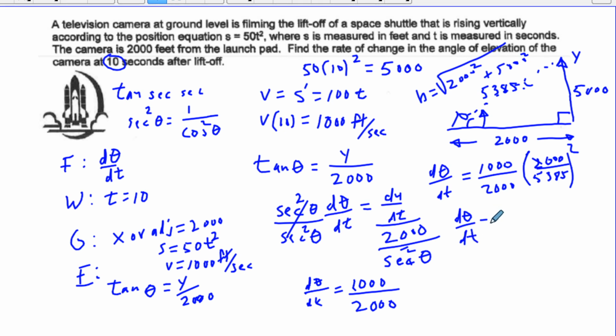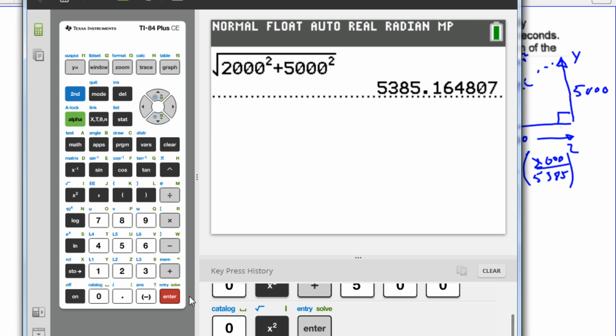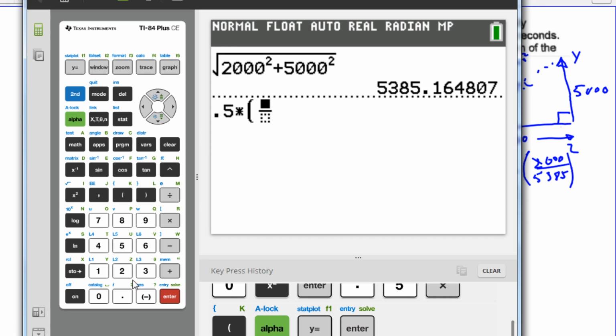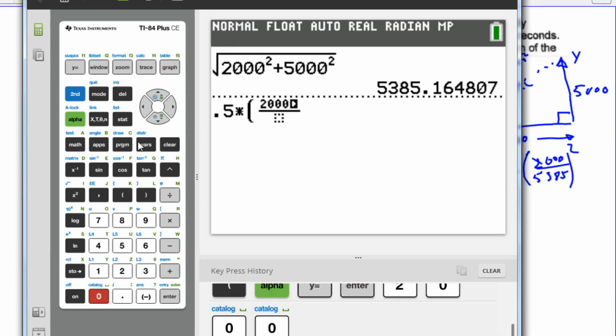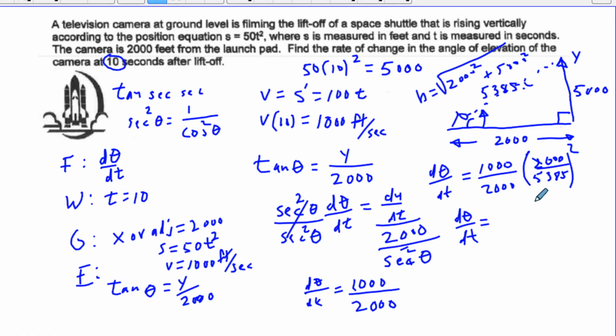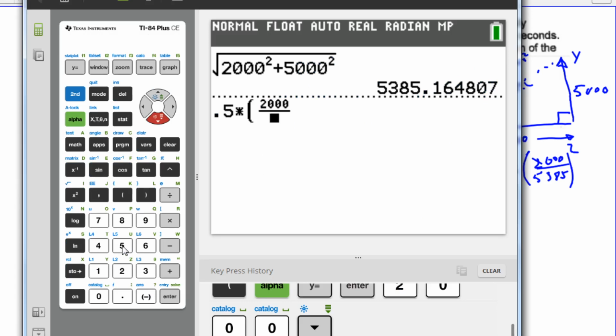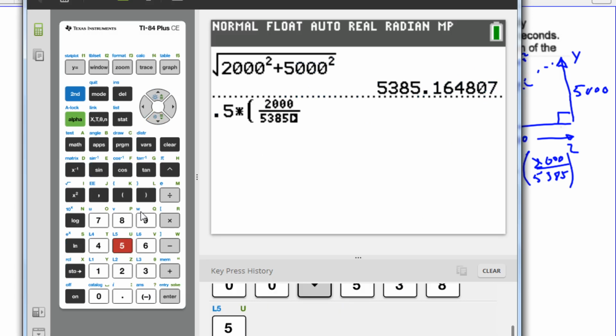So let's go look at this in our calculator. 1,000 over 2,000, that's going to be 0.5. So it'll be 0.5 times 2,000 over, what was that? 5385. Come out here, square it.